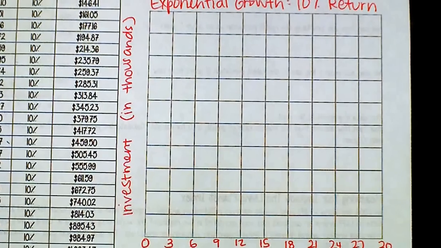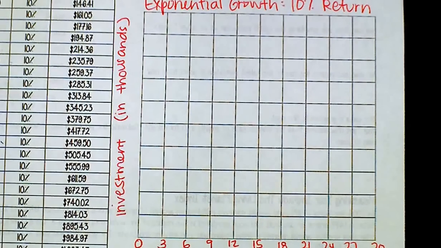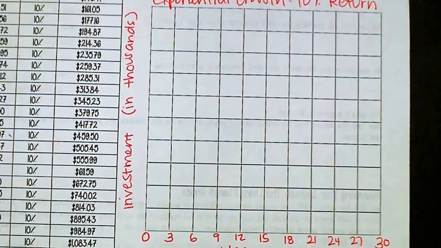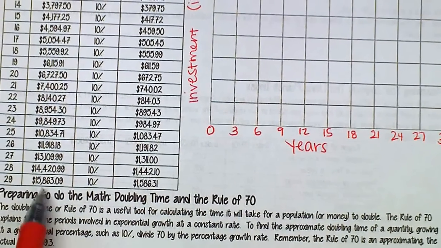Alright? Now, in order to calculate my investment, I'm going to need my 30-year data. So down here, I only have the data for year number 29 and the interest.